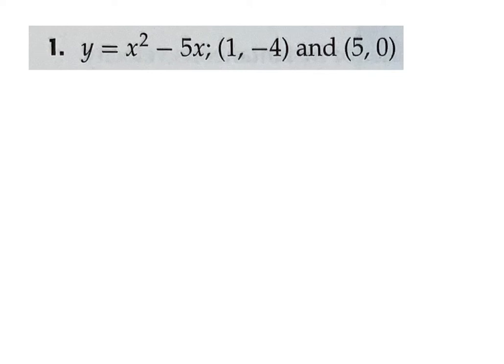So we're going to use our f of x plus h minus f of x over h limit, okay? So we're going to say the limit as h approaches 0 of f of 1 plus h minus f of 1, all over h.